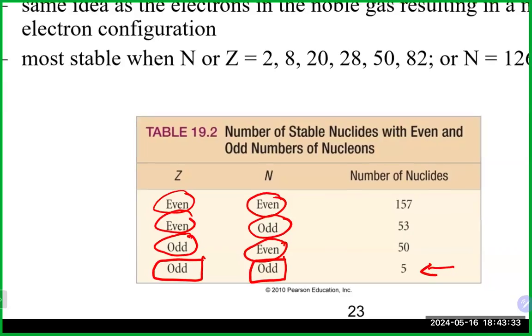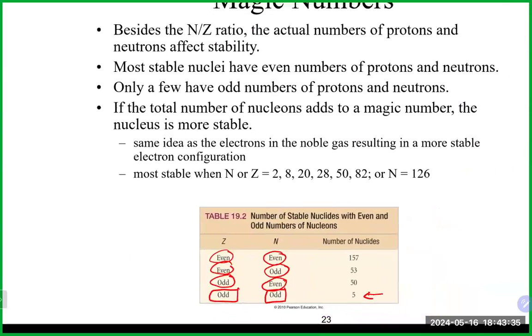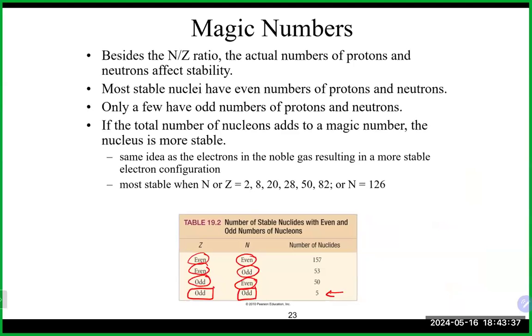There's only 5 stable nuclei that have that arrangement. So best situation, even and even. Worst situation, odd and odd. In addition to that, most stable nuclei, as we see there, do have an even number of protons and neutrons.